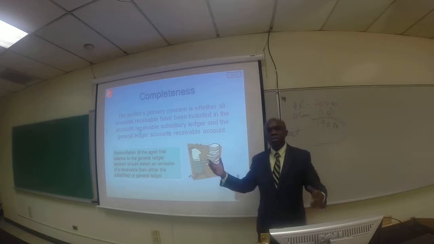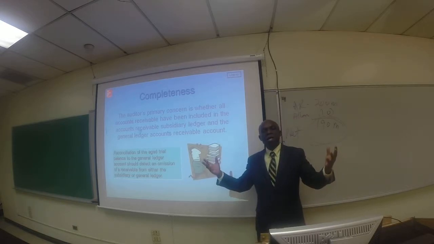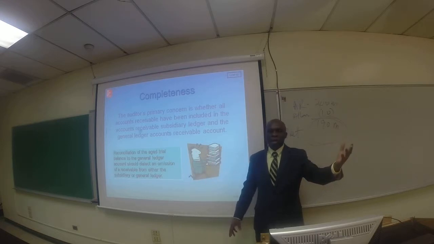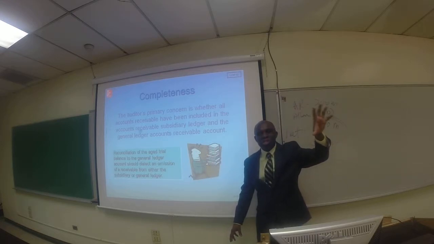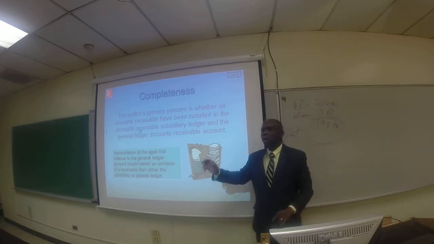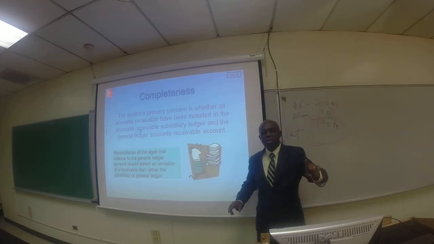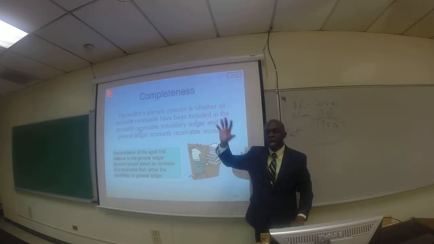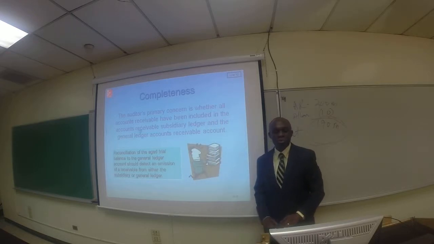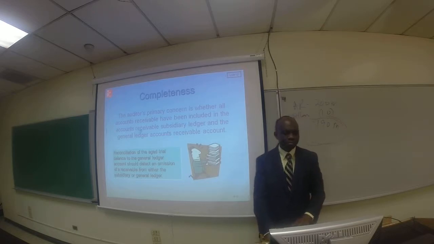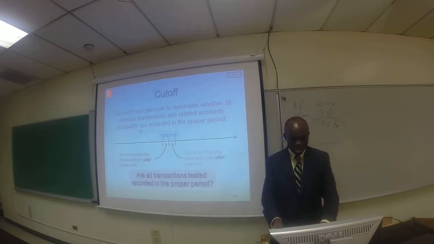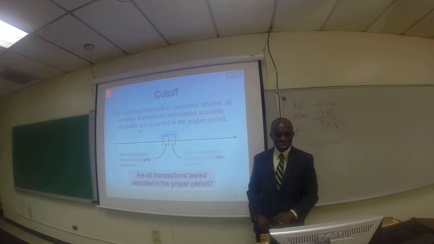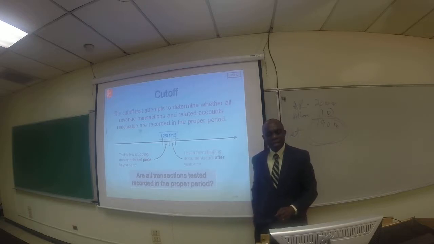And one way of getting around this is to see whether the client engages in monthly reconciliation of accounts receivable subsidiary ledger with the general ledger, because we have one account in the general ledger that is a controlling account, or one account that is a summary of all the accounts in the accounts receivable subsidiary ledger. So that reconciliation has to be done on a monthly basis, and that will assure the accuracy of that account.